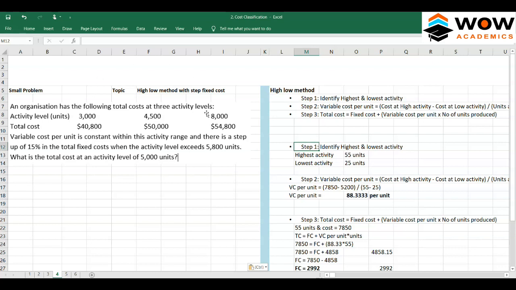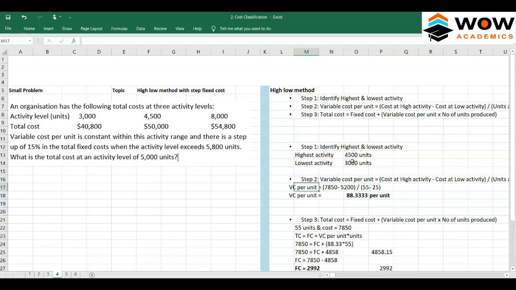What we can compare is these two numbers now. Usually we have to compare the lowest with the highest, but as the highest number has some additional complexity, we can't do that. We can compare 3000 and 4500. So our highest activity would now be 4500 and our lowest activity will be 3000.